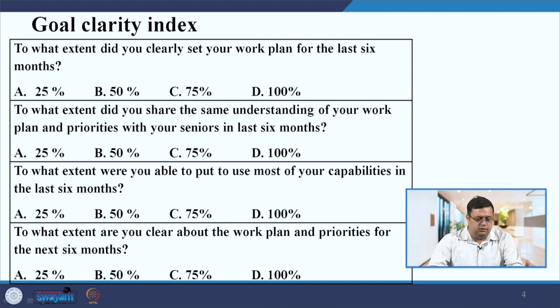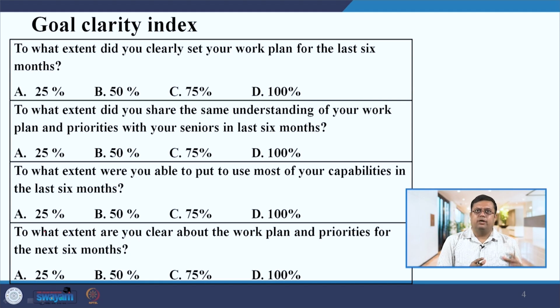So, these are the things that you can calculate for the last year and the upcoming year. The first two questions talk about the previous year, and the next two questions capture the goal clarity for the upcoming year. Sorry, by mistake all four questions talk about the last year's goal clarity.